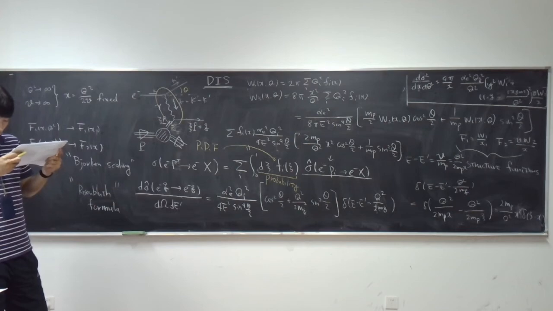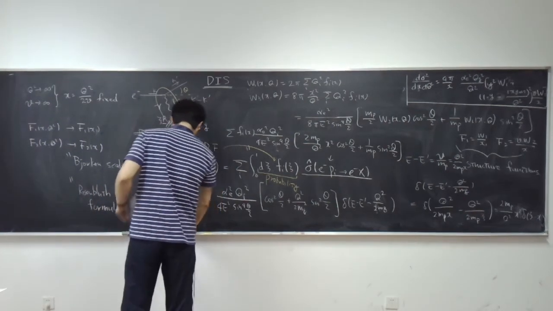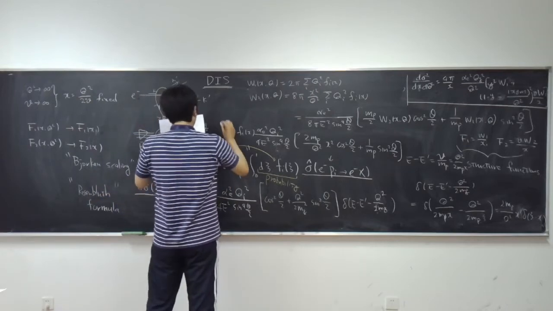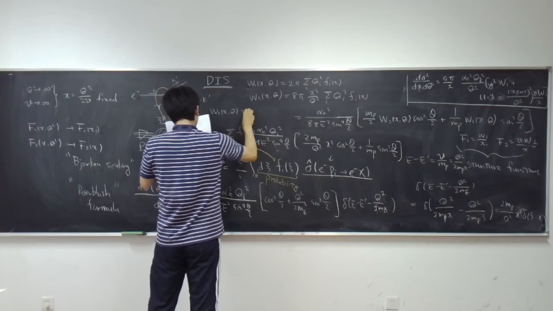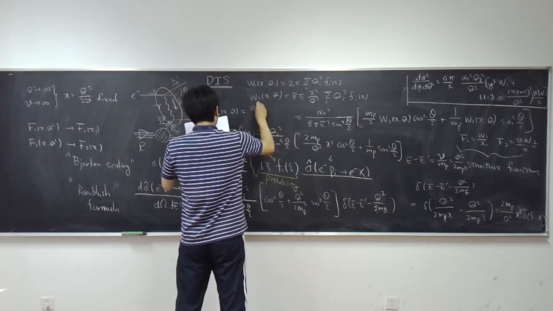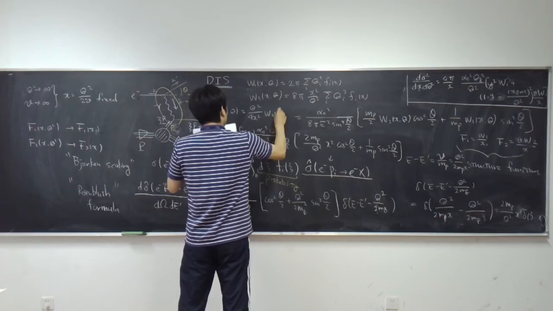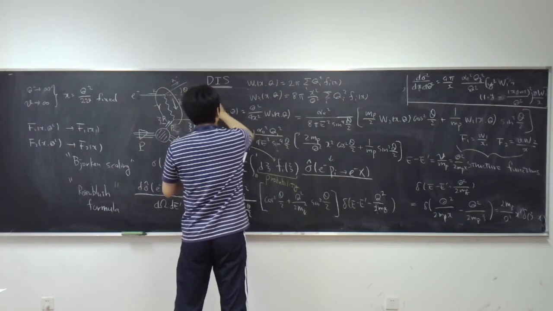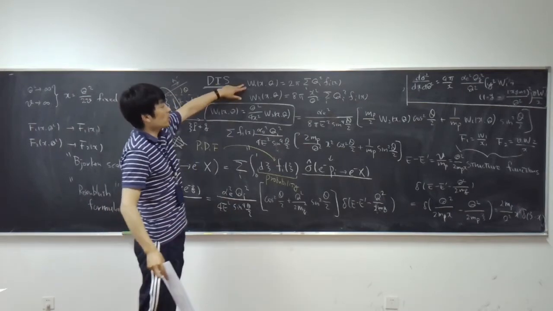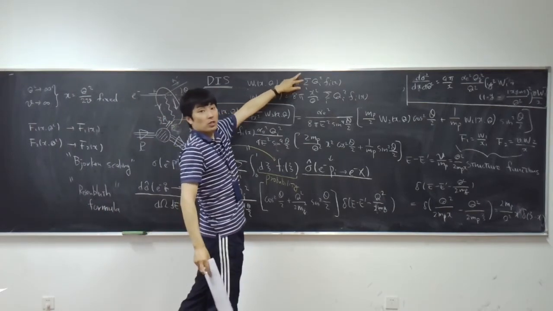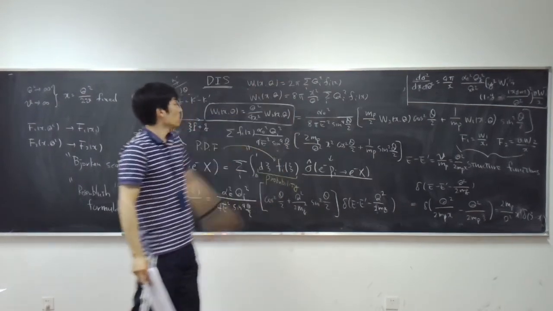Therefore, it's easy to see that W1 of x, Q is related to Q squared divided by 4 x squared W2 of x, Q, by just looking at the parton model, the formula coming from the parton model.